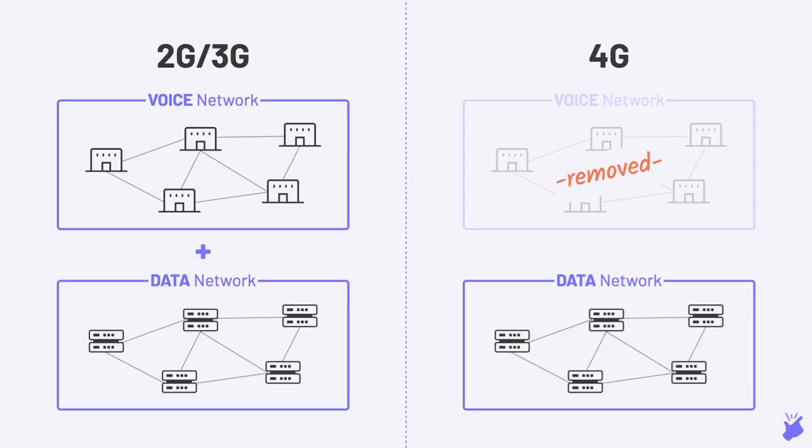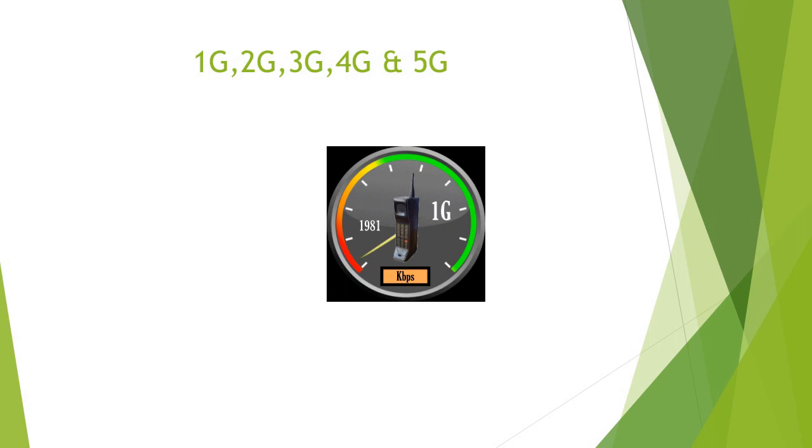The 2G and 3G networks consist of a voice network, which uses symmetric physical connections, that is a circuit switch network, and is a combination of voice as well as data. Data is a packet switch network, which is capable of transferring and utilizing asymmetric connectionless links. Then in 4G they have removed the voice and used only data. So this is the standard for 1G, 2G, 3G, 4G and 5G networks.